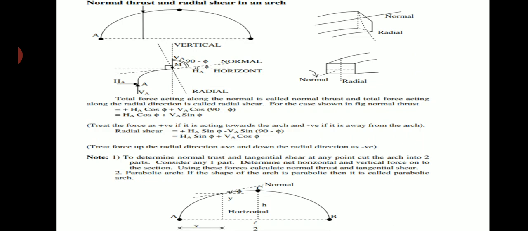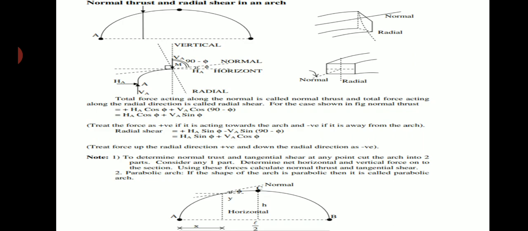So the total normal thrust will be HA cos phi plus VA sin phi. Since VA and HA are acting in the positive direction, both are taken as positive. Therefore, the general expression for the normal thrust is HA cos phi plus VA sin phi, where phi is the angle between the normal thrust and the x-axis.